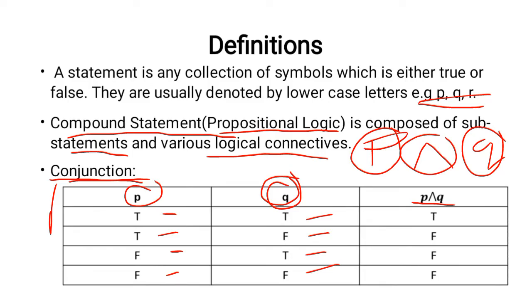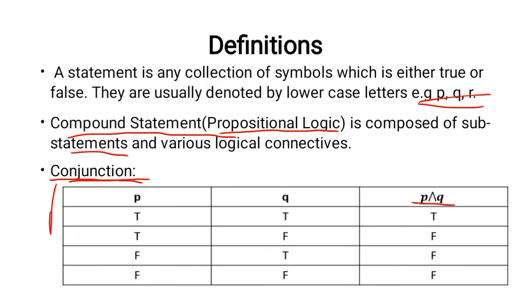Don't mix them up, and don't interchange them, because there are just two statements P and Q. Once we have two statements, whether P, Q, or X, Y, or M, N, the first statement is always T, T, F, F and the second statement T, F, T, F.